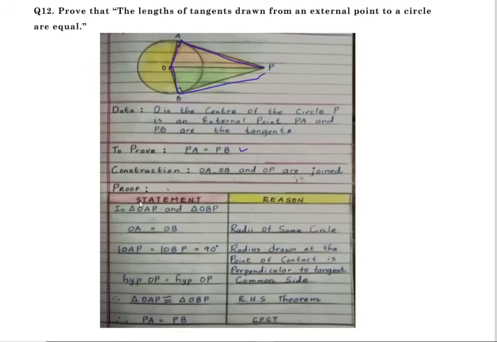And also, what is the common side? OP, that is, hypotenuse OP is equal to hypotenuse OP. Therefore, it is a common side. Now, in triangles OAP and OBP, we can conclude by the RHS theorem that triangle OAP is congruent to triangle OBP. Therefore, PA will be equal to PB.